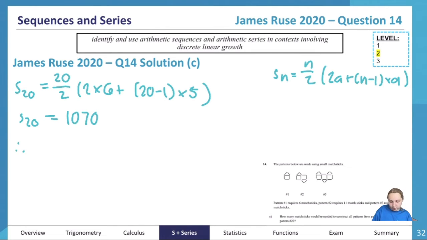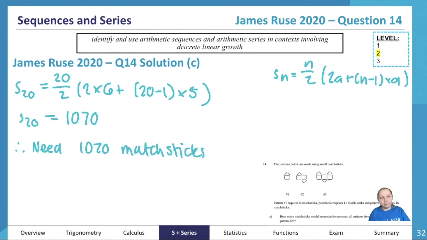So therefore, you need 1070 matchsticks. That's all you really have to do for that question. Fairly stock standard arithmetic sequence question. They've given you a pattern and you just have to apply different formulas to the question.